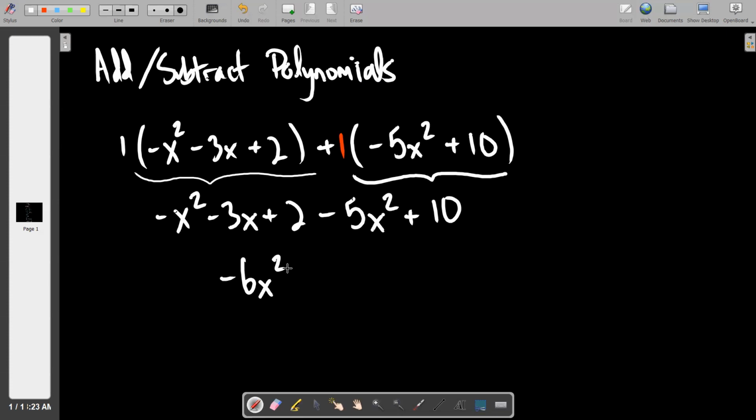How many x's will there be? -3x's, because the -3x in the first one has no date to the problem. He's like, I'm just flying solo, bro. So we just copy him into the answer. And what will our constant term be? +12, done. And that is how you add polynomials together. On the easy scale of 1 to 10, that's about a 9.4, right?